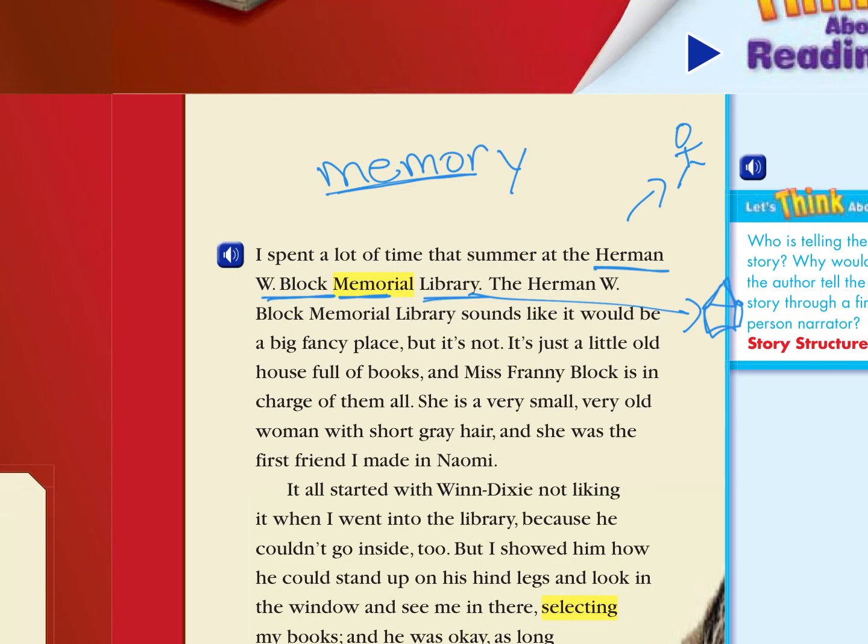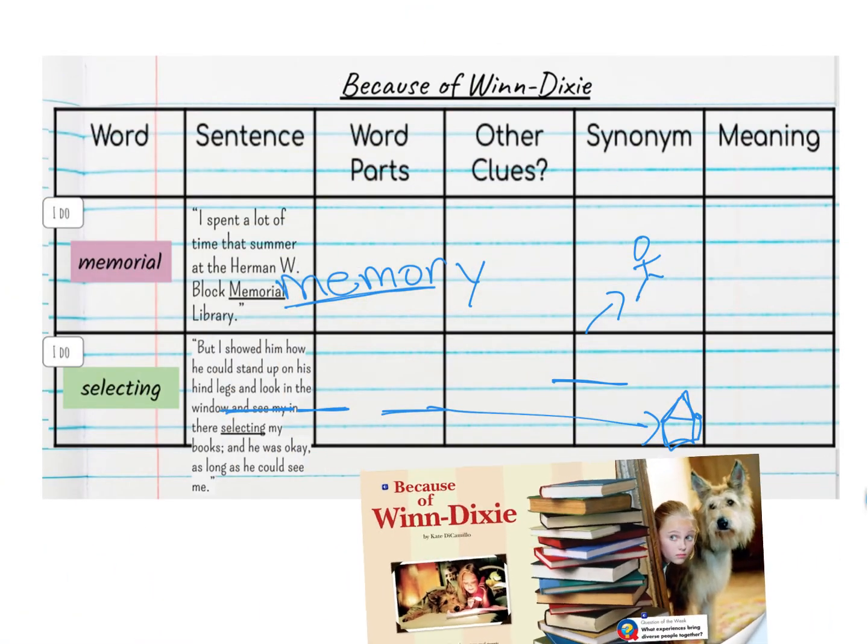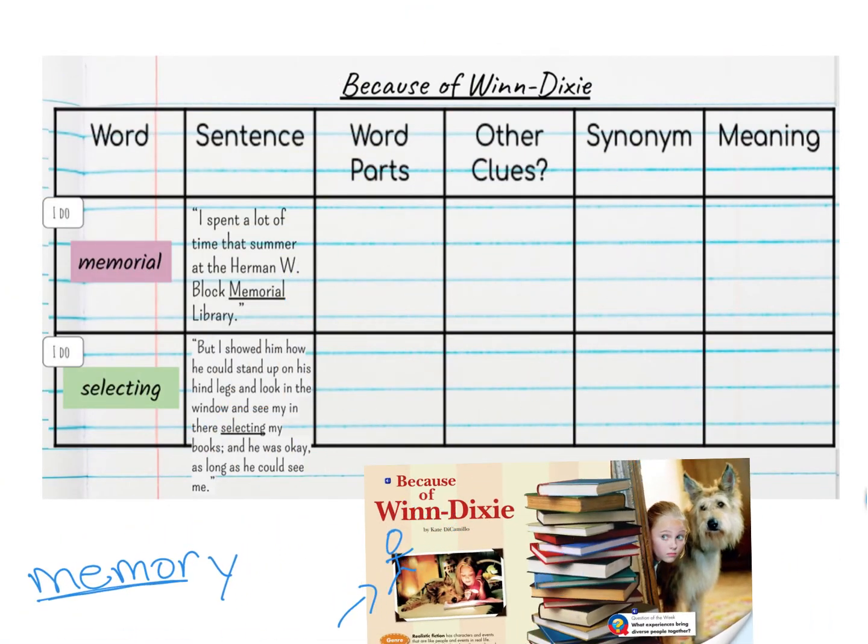Okay, so now let's go to our graphic organizer. I'm noticing the sentence from the text. I spent a lot of time that summer at the Herman W. Block Memorial Library. So I'm thinking about the word parts, the prefixes, the root word, and the suffix.